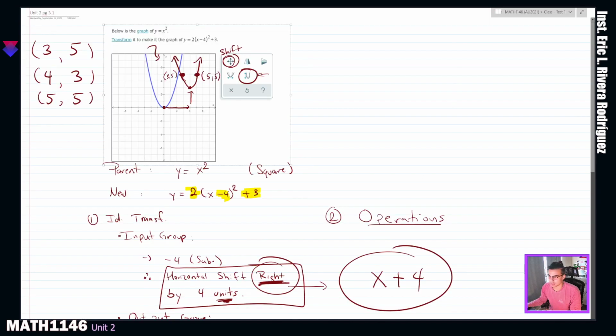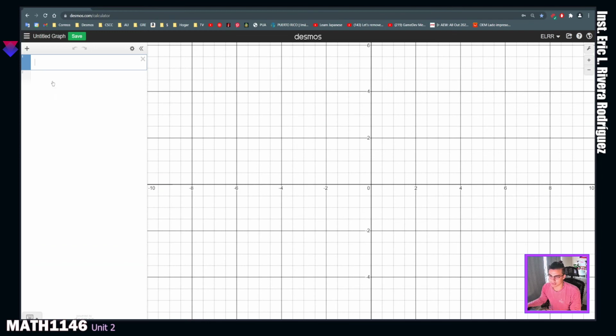All right. So we have y equals x squared. That is going to be the parent function. On red, we have the parent function. Let's do now the new function with another color.